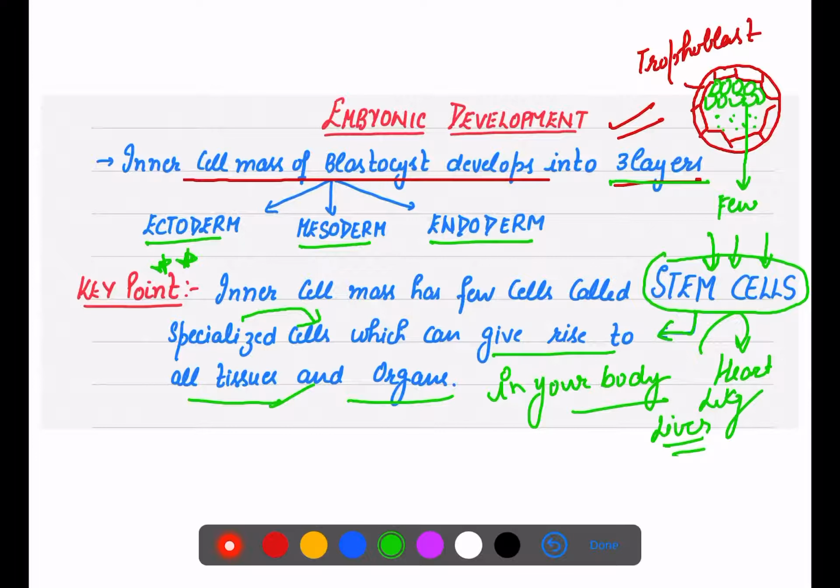These stem cells are obtained from the few cells of the inner cell mass. Even in our body there are a few areas where these cells are present.